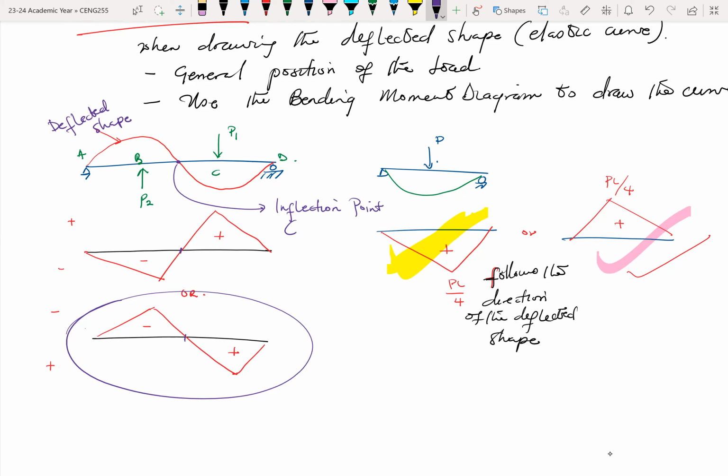And this is where the moment is 0. Okay, so just take note of that. So this is the inflection point, the point whereby there isn't any deflection occurring at that particular point.